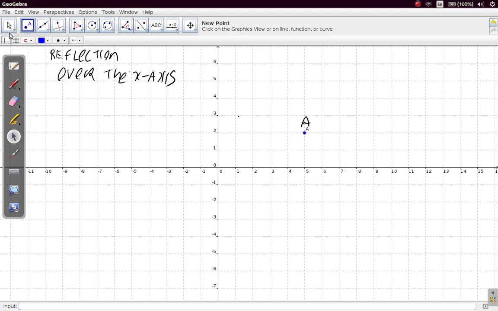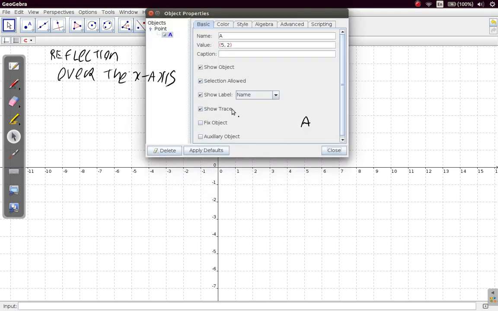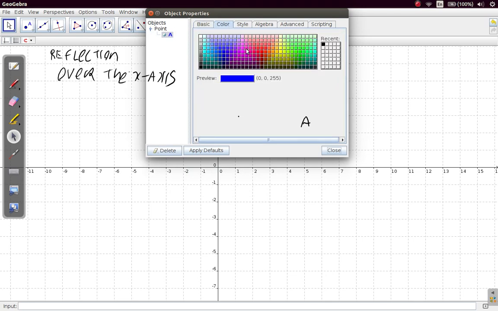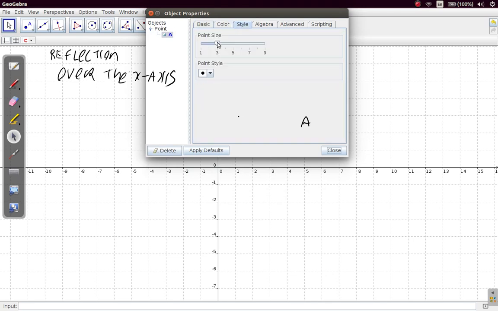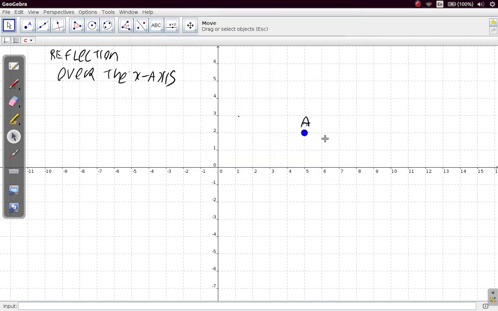Good. So we have our point. Let's make it remain blue. It's that dot that we have there. It must be reflected. So remember, this is 2. This is 5. So it's at 5, 2.